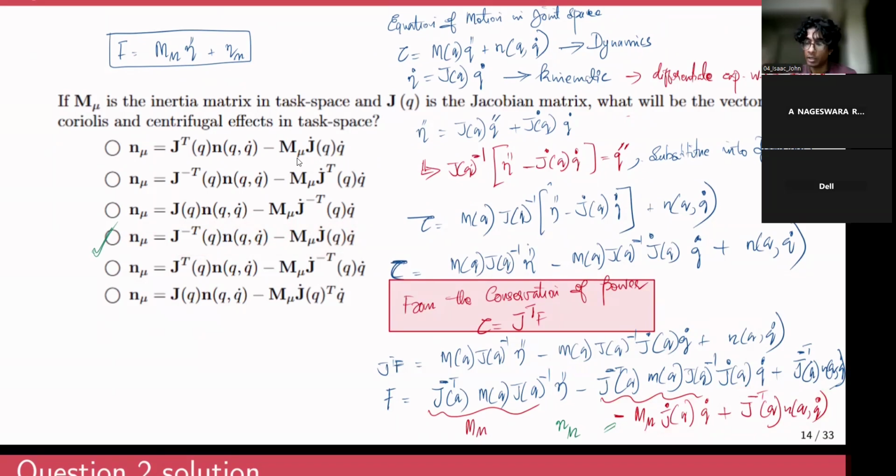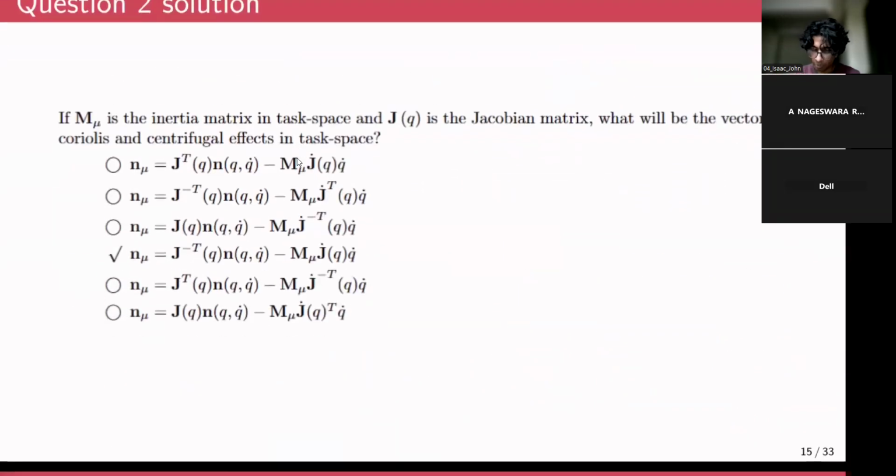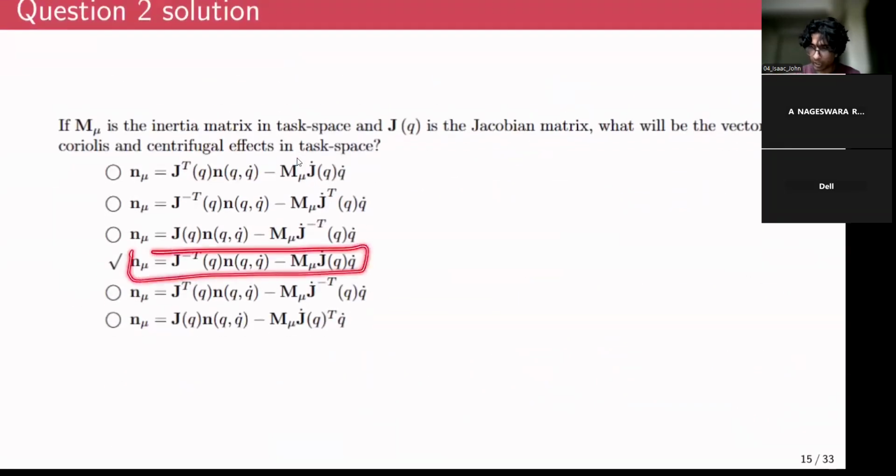That is how you derive it. We considered the dynamics, the kinematic mapping between task space and joint space, and the mapping between the generalized forces in joint coordinates and the forces in the task space, which we derived from conservation of power in the previous class. So option D is indeed the correct option.